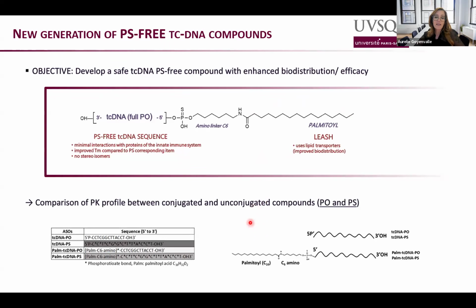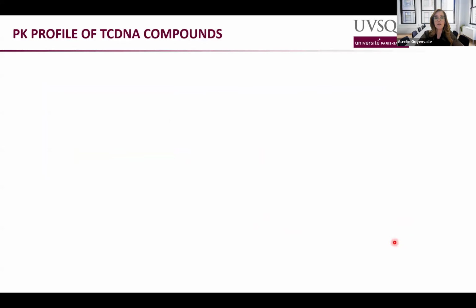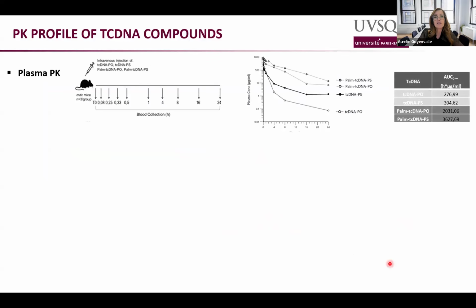So we first compared the PK profile of conjugated and unconjugated compounds. So both full PO or full PS that would be conjugated to the palmitic acid or not. So we immediately saw that the palm compound clearly had a longer circulation. So on average, the area under the curve was increased by approximately 10-fold.